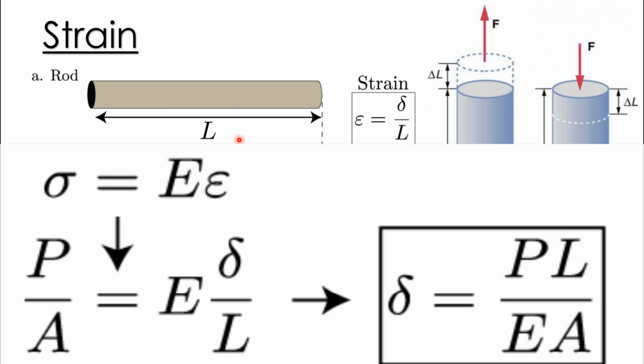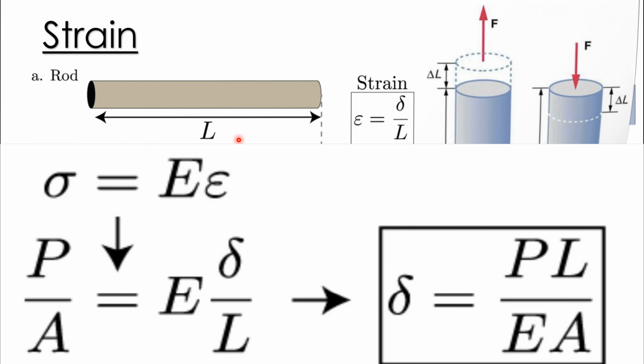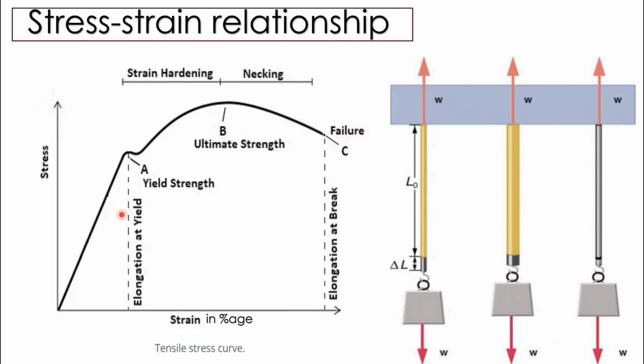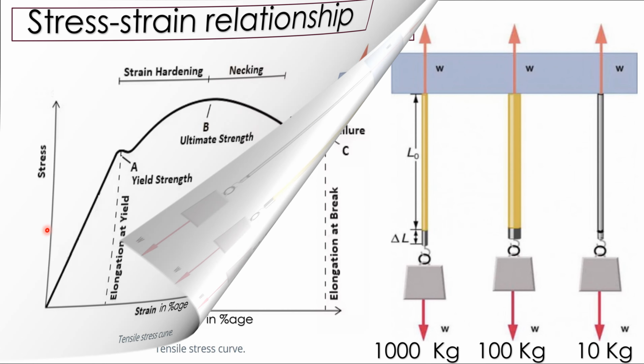The relationship between stress and strain can be discussed in the stress-strain diagram. Here, as you can see, this is the stress-strain diagram, and the strain is along the x-axis as the independent quantity, and stress is along the y-axis as the dependent quantity.